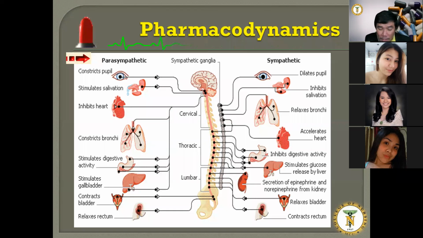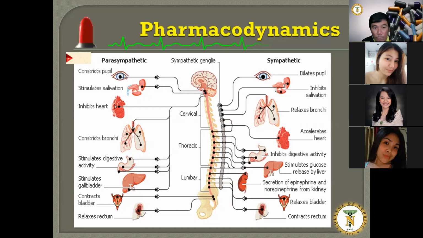Actually, these are under the autonomic, di ba? Autonomic nervous system. And with this balances the body response natin if ever there are some imbalances that are happening physiologically and may cause harm to the body. So this will be preventive yung response naturally by our nervous system.